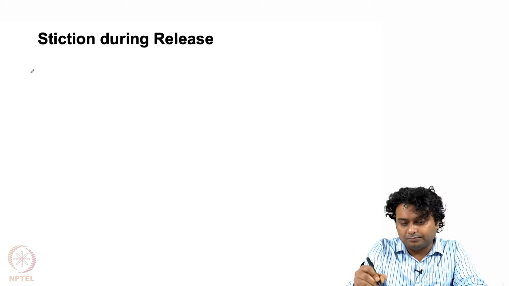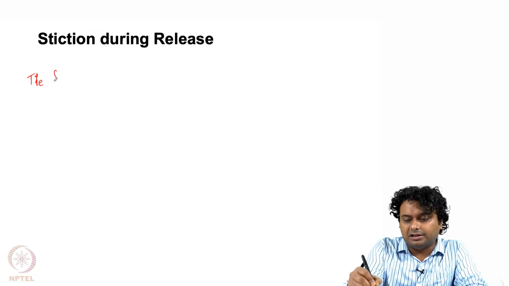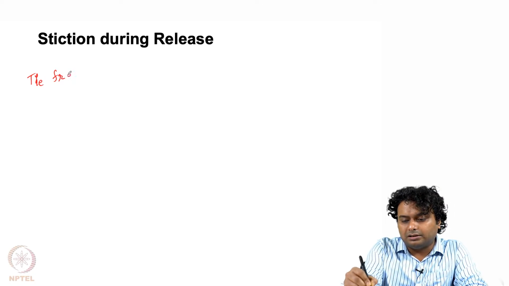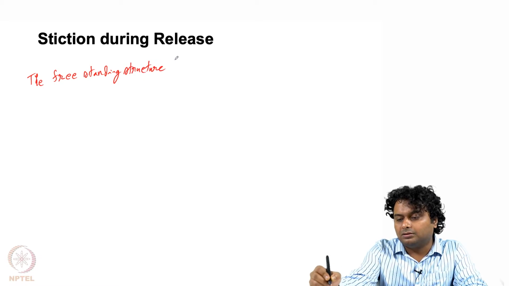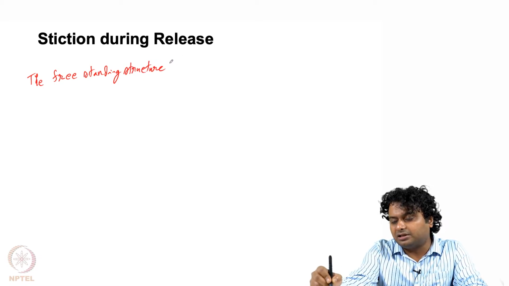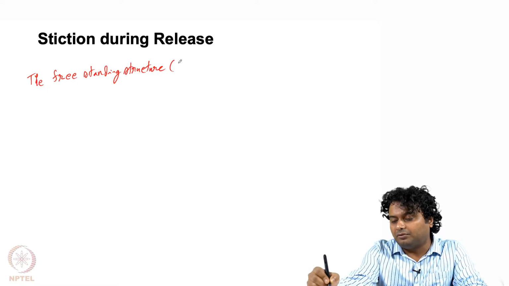So the freestanding structure, that is our cantilever. I am writing here freestanding structure because it can be a membrane also, in a different kind of geometry. So in this case this is a cantilever.